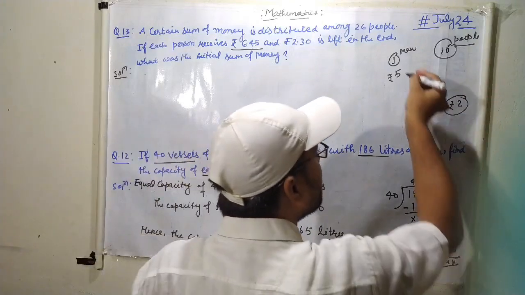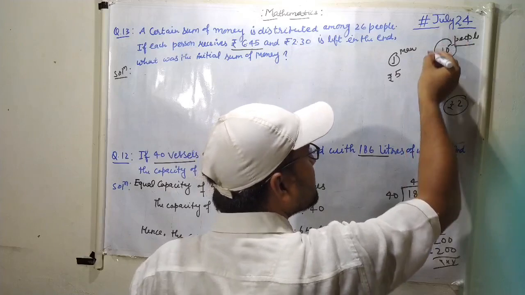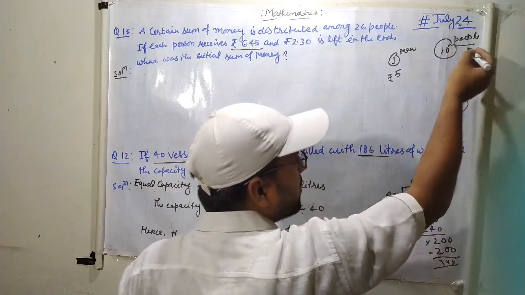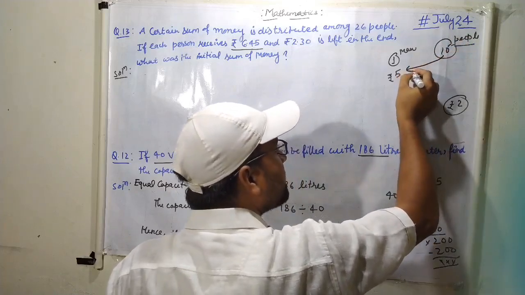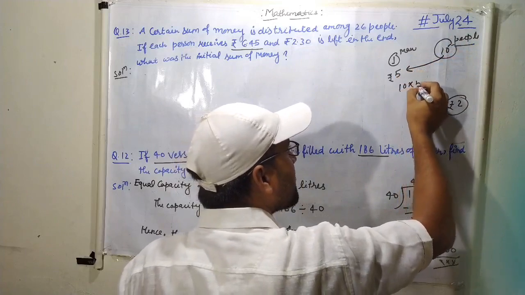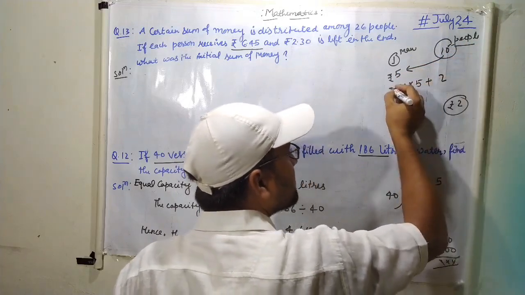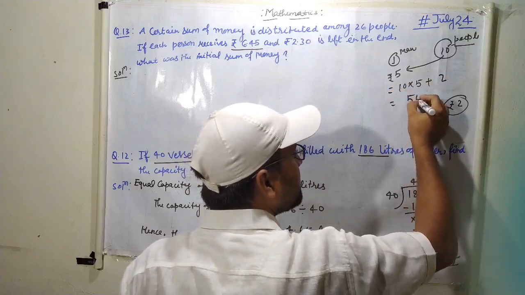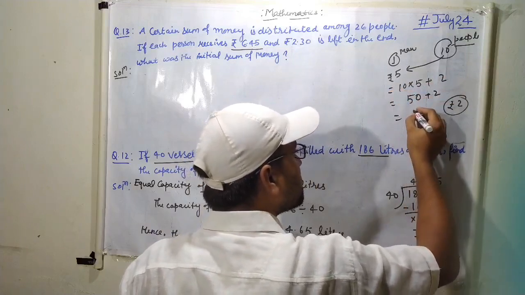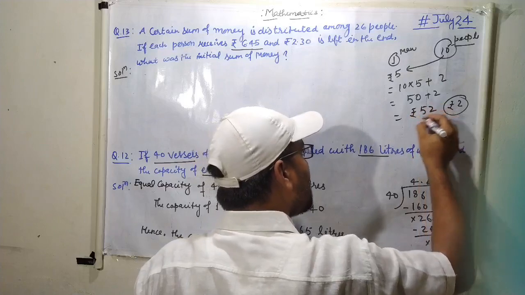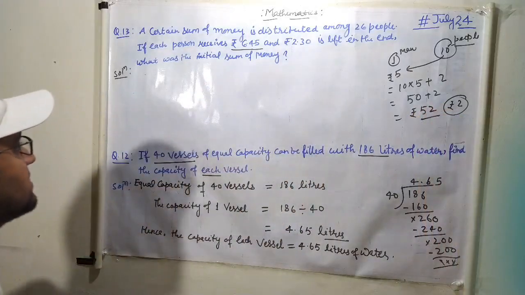Very easy: one man got 5 rupees, total number of people is 10. So 10 is multiplied by 5, and the money left at the end we add. So 10 into 5, 50, plus 2 rupees, 52 I have. Same as in this question.